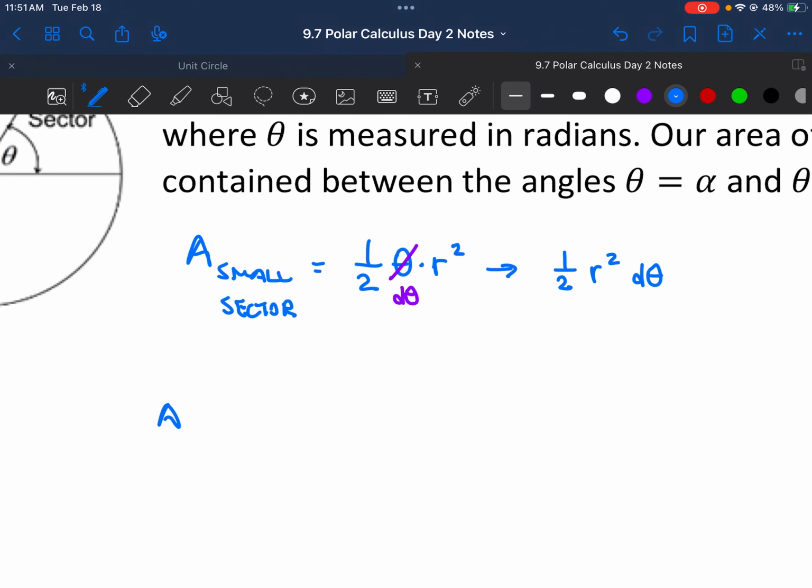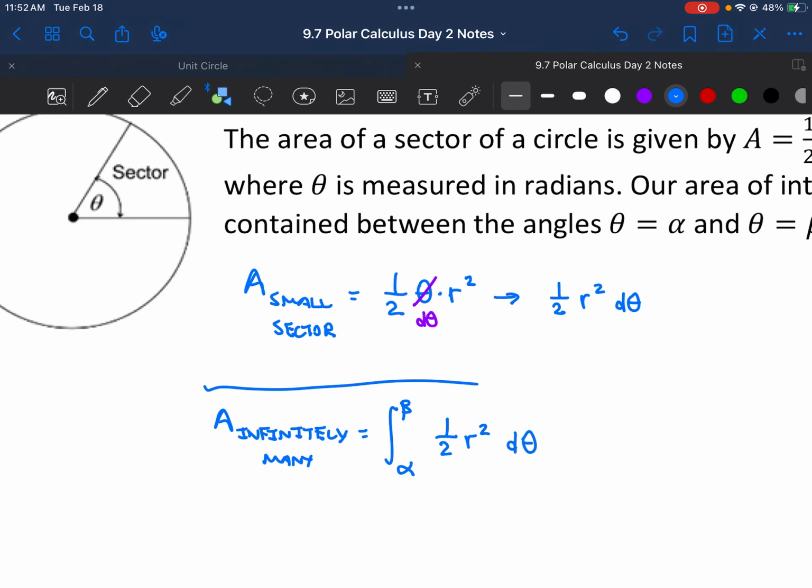So the area of infinitely many of them, when I add them all together, is going to be the integral from alpha to beta of 1/2 r squared d theta. Flashcard.